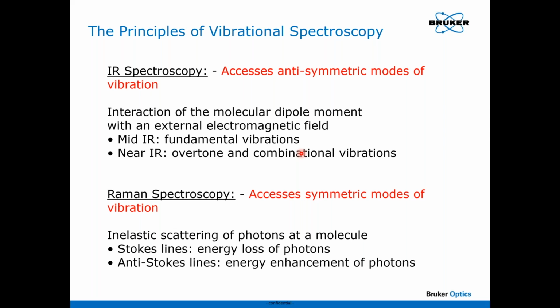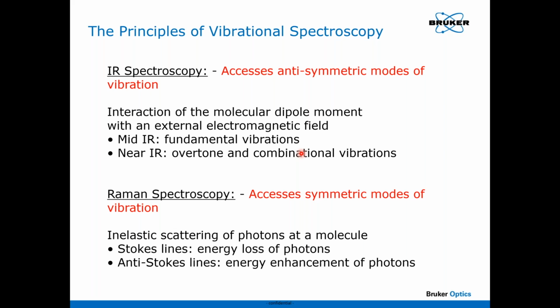It has anti-symmetric modes of vibration because it has C2V symmetry, so it has a very strong infrared spectrum and is actually very, very weak in Raman. When we look at symmetric modes of vibration, like a benzene ring, we have a very strong Raman signal, and you can have a very weak IR signal in that case. So these are complementary techniques for analyzing materials.